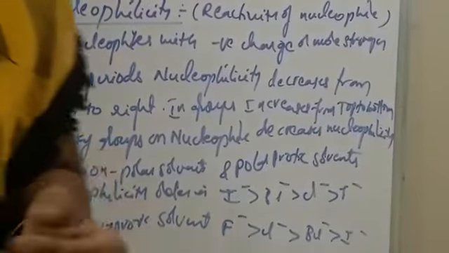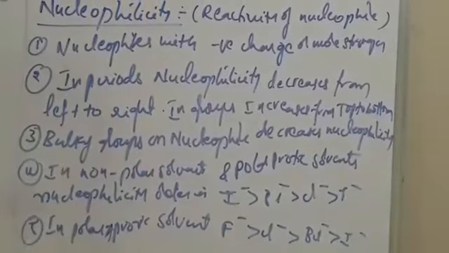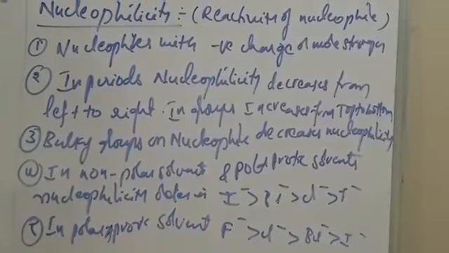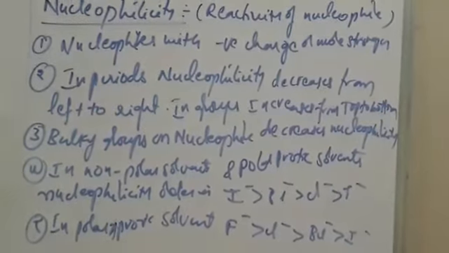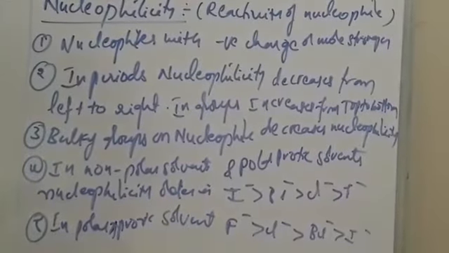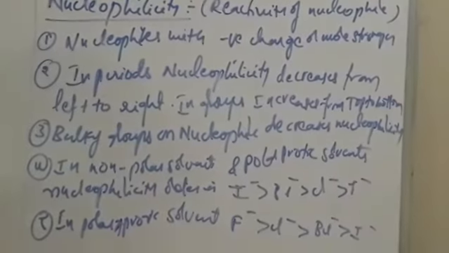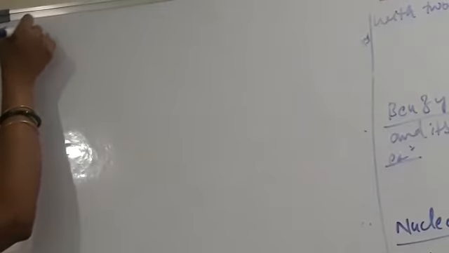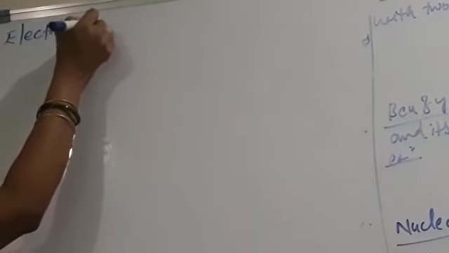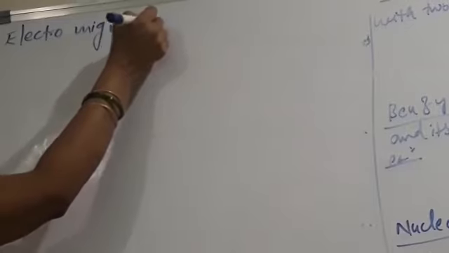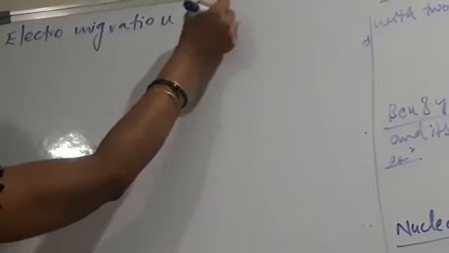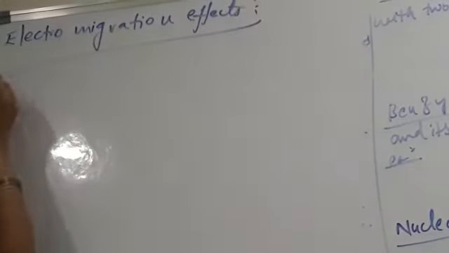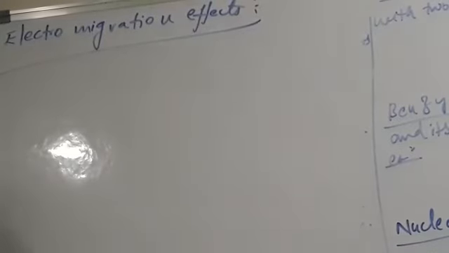Next, coming to electron migration effects. These are also called electron displacement effects, electron displacement in a covalent bond.